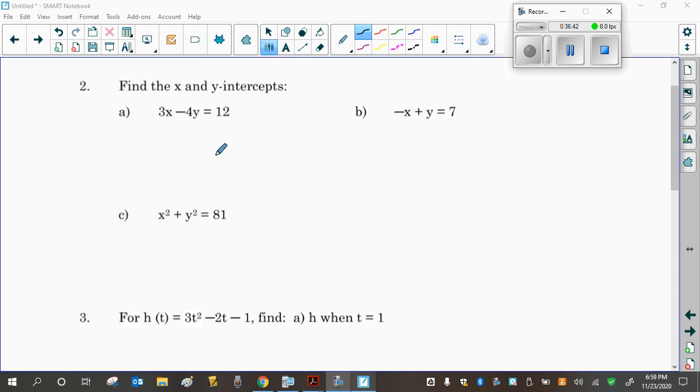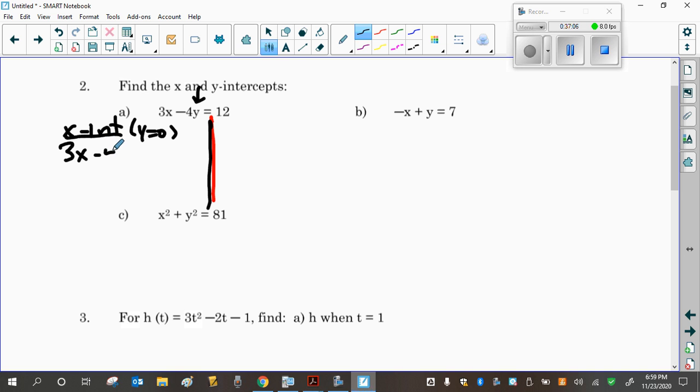Okay, find the x and y intercept. Again, that's not black. So your x-intercept is where y equals 0. So where we see a y, you put 0. I'm not going to have enough room to write down the equation again, so wherever I see y, I put 0, so 3x subtract 4 times 0 equals 12. 4 times 0 is just 0.